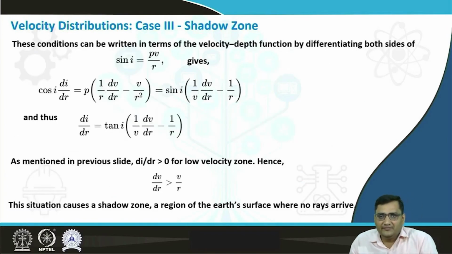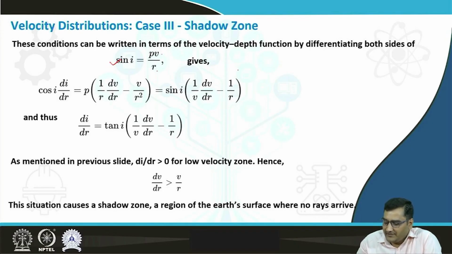If we try to find the condition for the occurrence of the shadow zone, we can again consider sin i, where sin i is equal to pV by r, and differentiate it with respect to r. It becomes cos i di by dr, and since p is constant, you can observe 1 by r dV by dr minus V by r square.